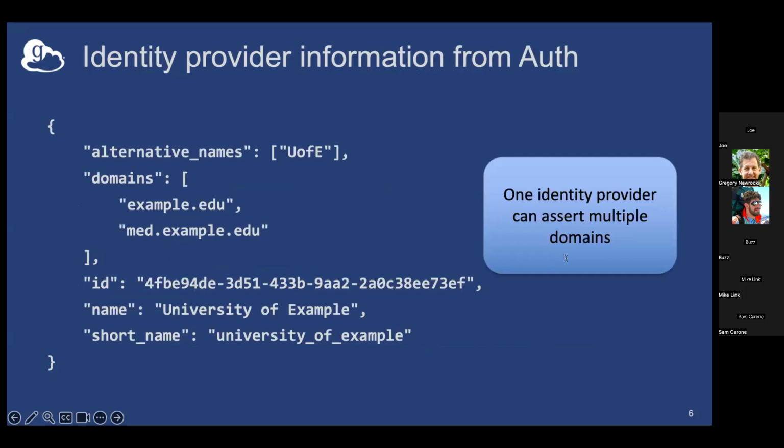And this slide is the last of the JSON for a little while. This one shows what an identity provider looks like from Auth. The main reason I show this is to note that while a university may be a monolithic organization, it may have multiple domains that it asserts, and each domain is treated independently at the mapping level.